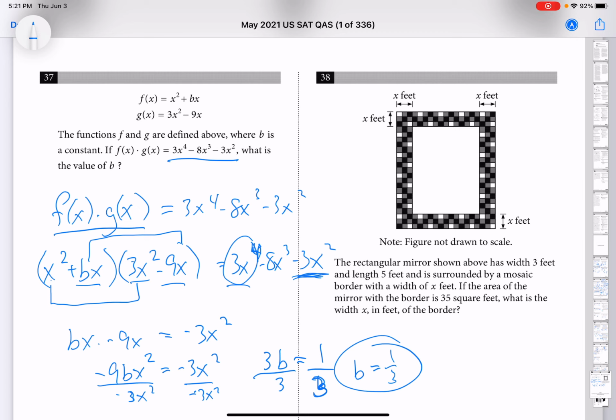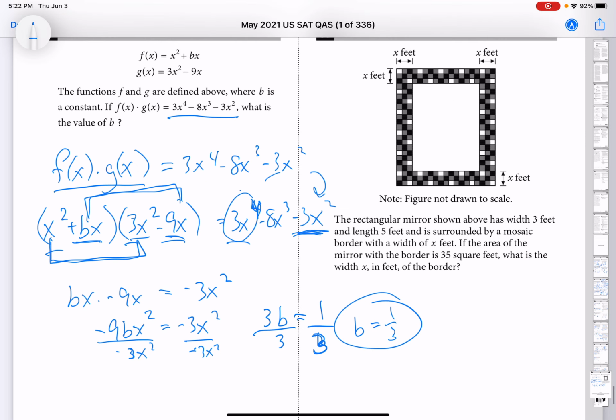Most of the time this works out because when they're distributing over the parentheses, the SAT does this trick where the first terms multiplied together always equal the first term, and the last terms multiplied together will always equal the last term of the polynomial. So b here should be equal to 1/3.